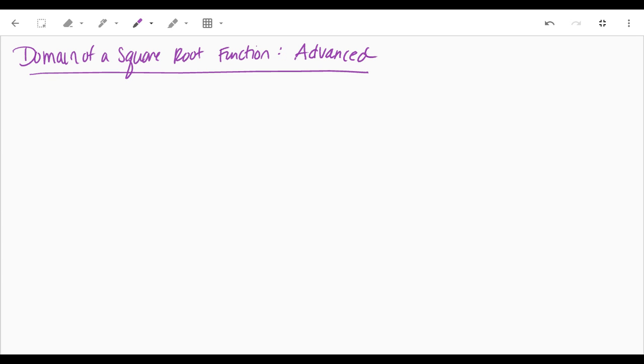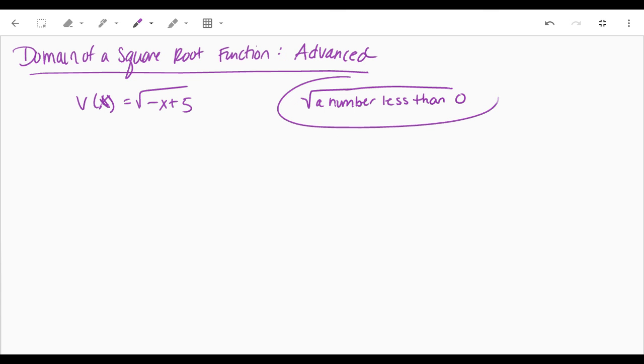When we have a function with a square root, say f of x is the square root of negative x plus 5. The key here is you can't square root a negative. You can't square root a number less than 0. That is not allowed. Square rooting 0 though is allowed, that's 0. So we just need to be careful of that.